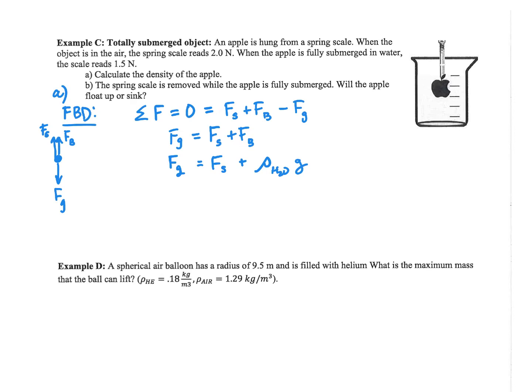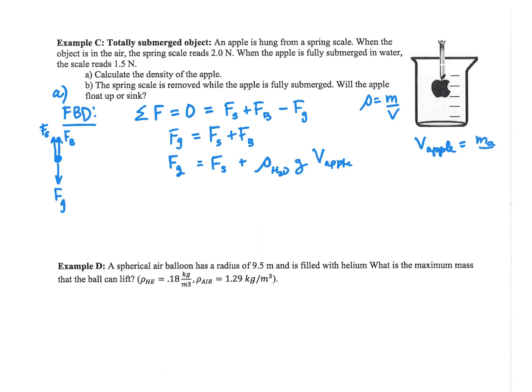Since the apple is fully submerged, the volume displaced would be the volume of the apple. But the volume of the apple is equal to what? We know density equals mass divided by volume, so volume could be mass over density.